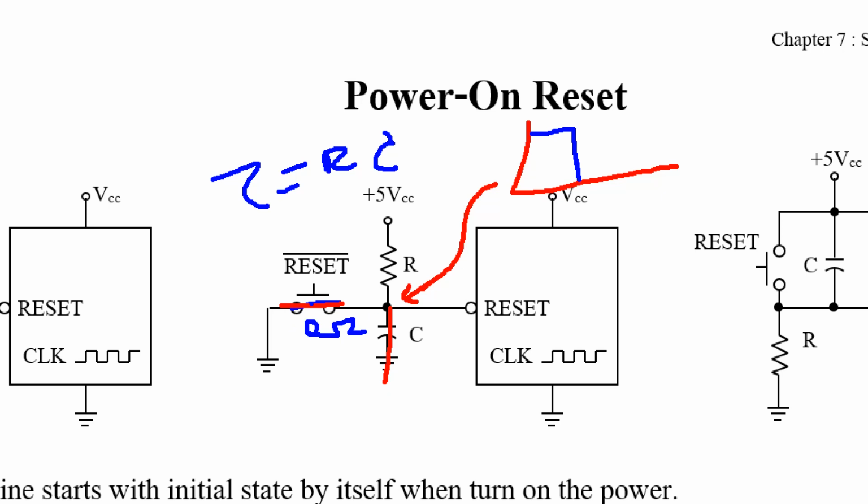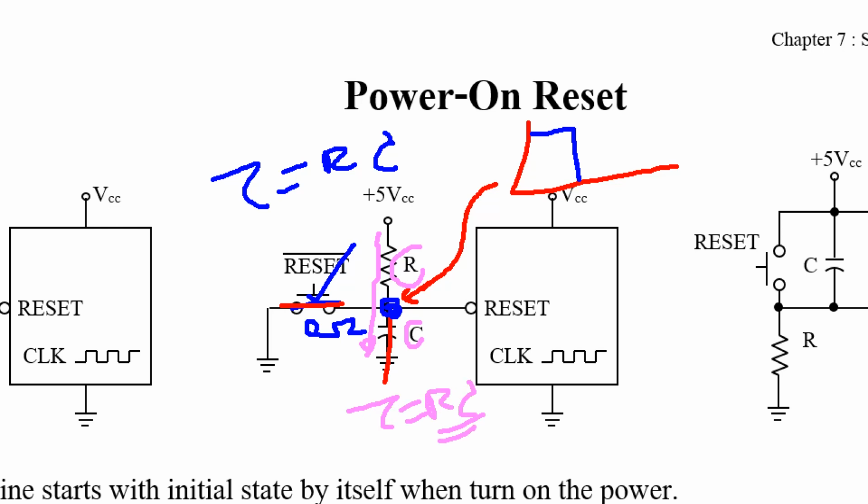But when you release the switch, this point tries to change from low to high, right? Current will flow through this R and C, so now the time constant is RC.